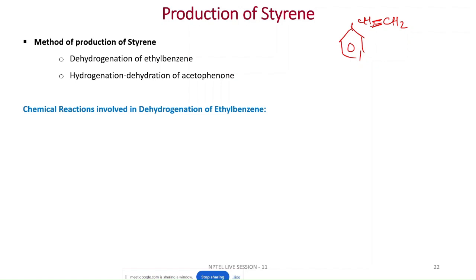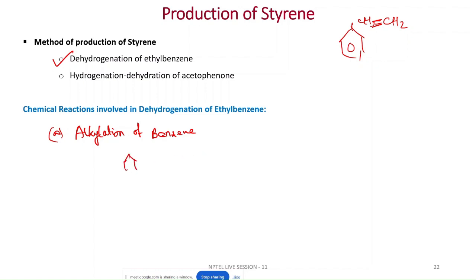So the chemical reactions involved in the dehydrogenation process are what we are going to discuss. The first step is alkylation of benzene.